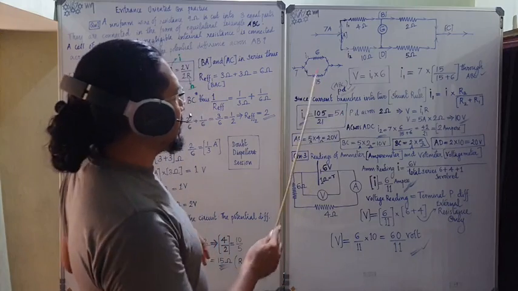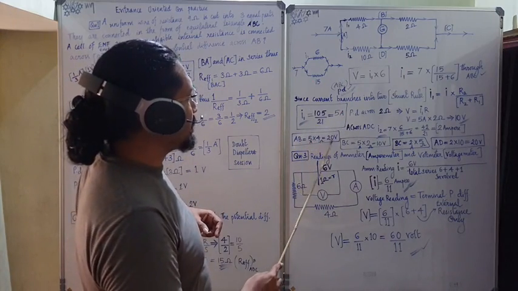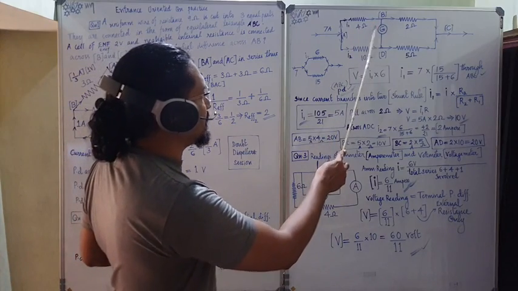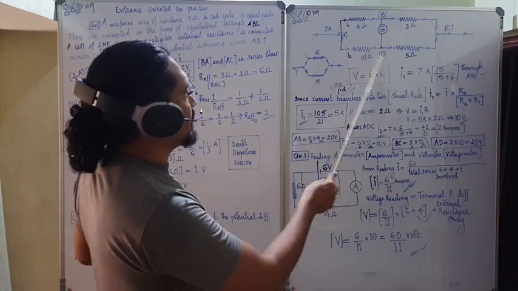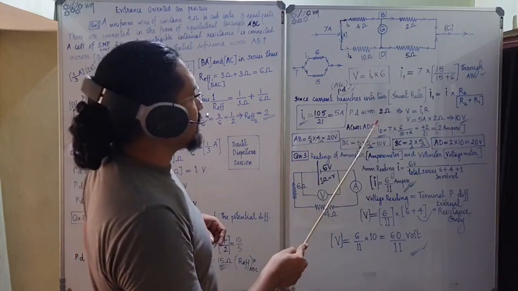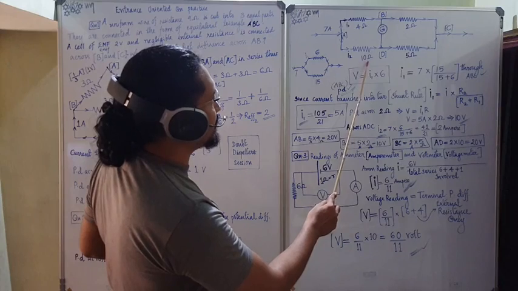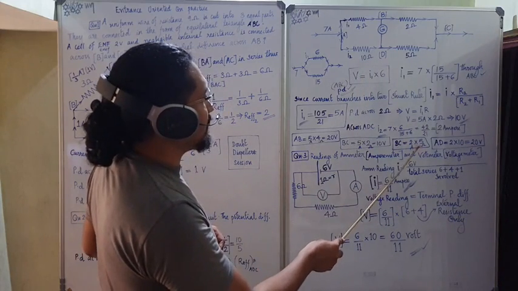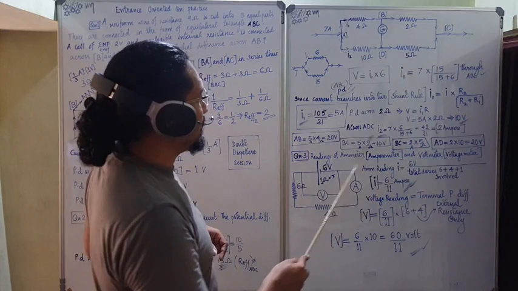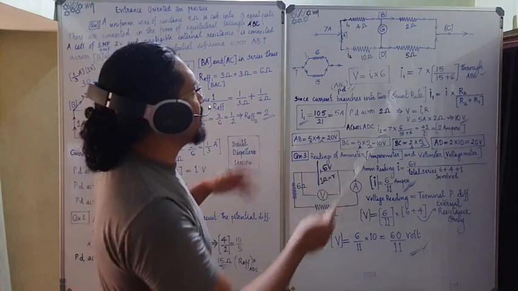AB, what is the potential difference then? 5 ampere into 4 ohm, 20 volt. AB section 20 volt. BC section 10 volt. AD section is the 2 ampere current into 10 ohm, that is 20 volt. BC section again 10 volt. We have all found out now.